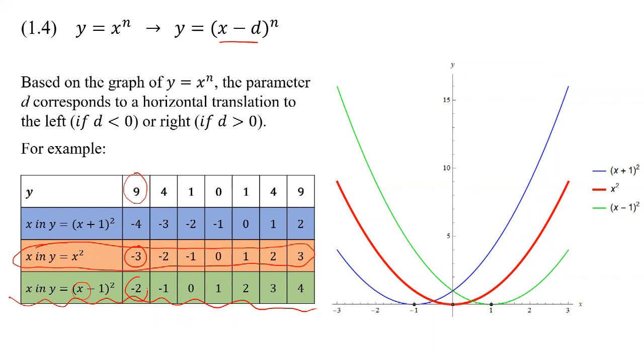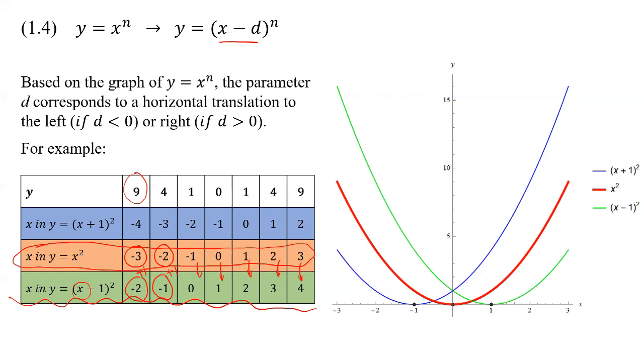Which becomes -2. And -2 here becomes -1 in the new function, right? And following the same logic, each value here in the original function becomes 1 unit larger in the new function. That is equivalent to move the original function right by 1 unit, right?